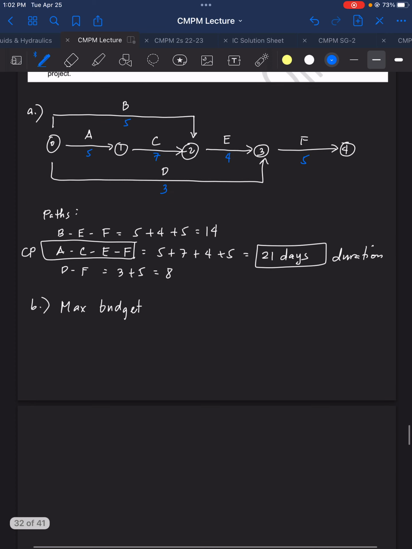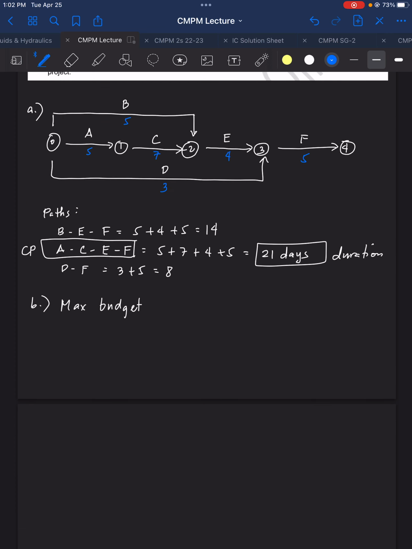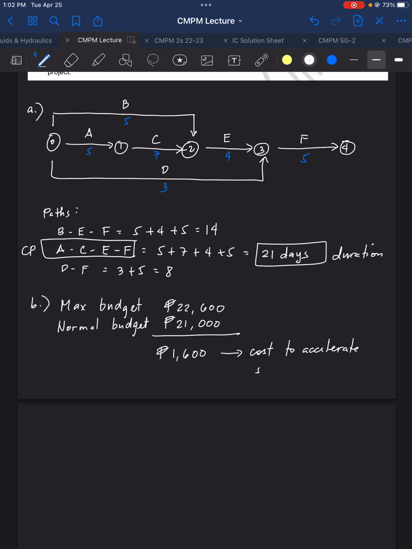The maximum budget given is 22,600, and the normal budget is 21,000 pesos. So we have 1,600 cost to accelerate some activities.